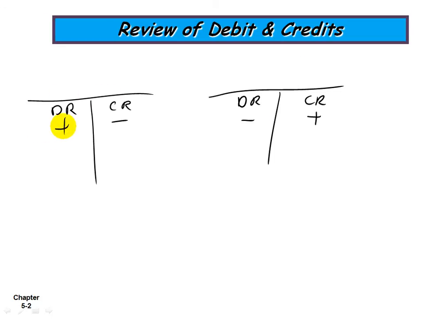So if you remember, the things we own, assets, are increased with debits. And if you want to reduce an asset, you would record the reducing amount in the credit side of the asset T account. Now the opposite of things we own goes over here. And of course that's liabilities, what we owe.